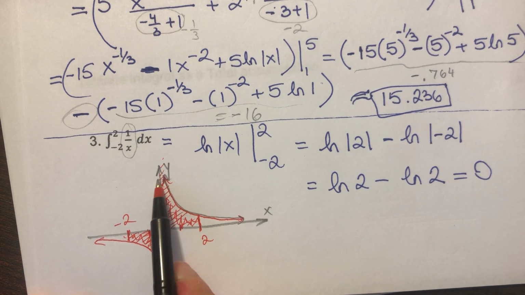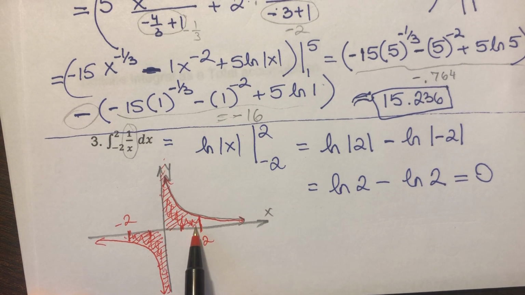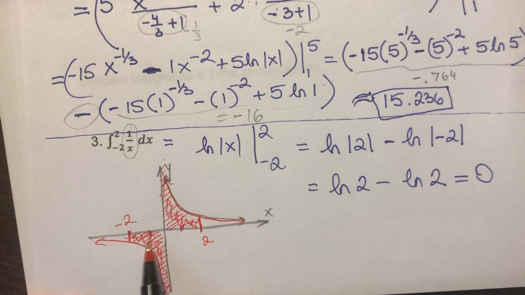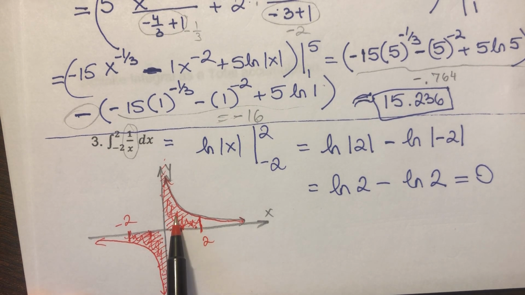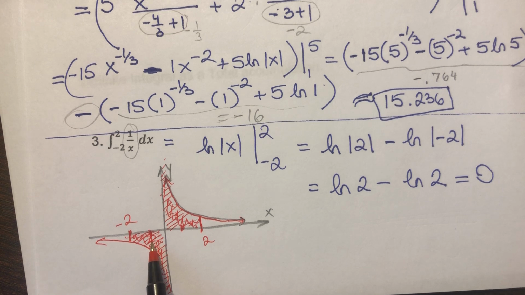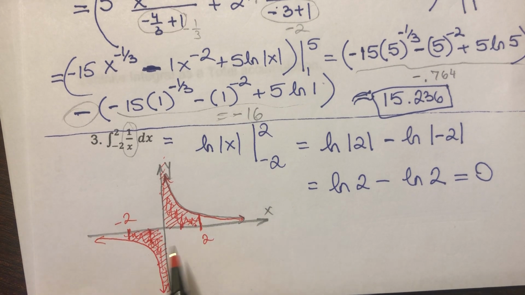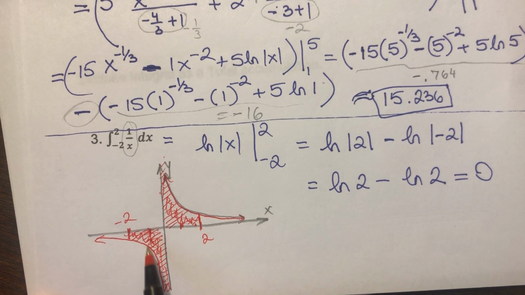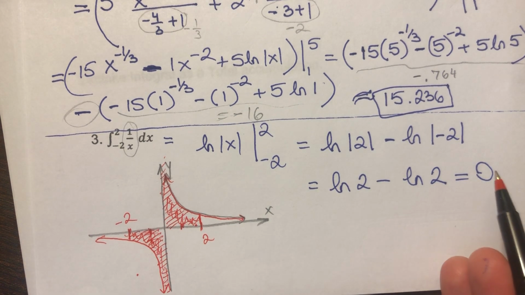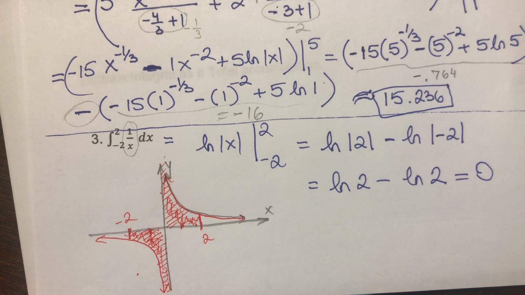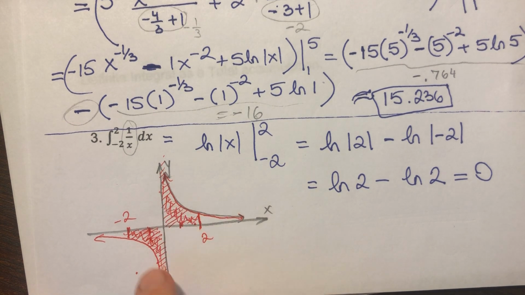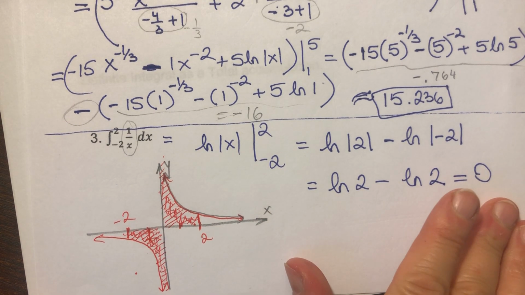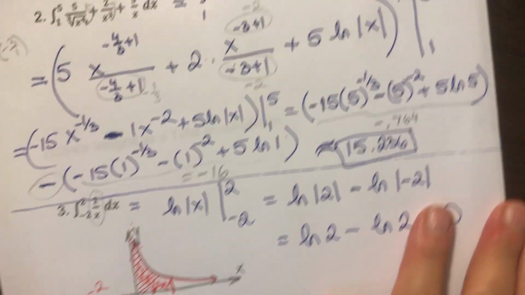So I have the same amount under the graph on the positive side as I have on the negative side. So that's a positive area. That's going to be minus this area, right? So it's a negative area per se. So this area comes out negative. This area comes out positive. When I add the two, they cancel each other out, right? So that's why I'm getting a 0. That's a positive quantity. Under the x-axis will be a negative quantity, okay?